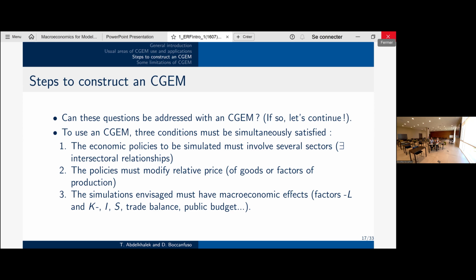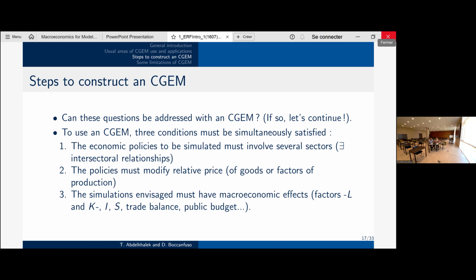So it's clear that to cut the subsidy of energy or other goods has many impacts on sectors, there is an intersectoral ratio. And the price, because some sectors or some goods are more subsidized than others. So the relative prices are impacted.